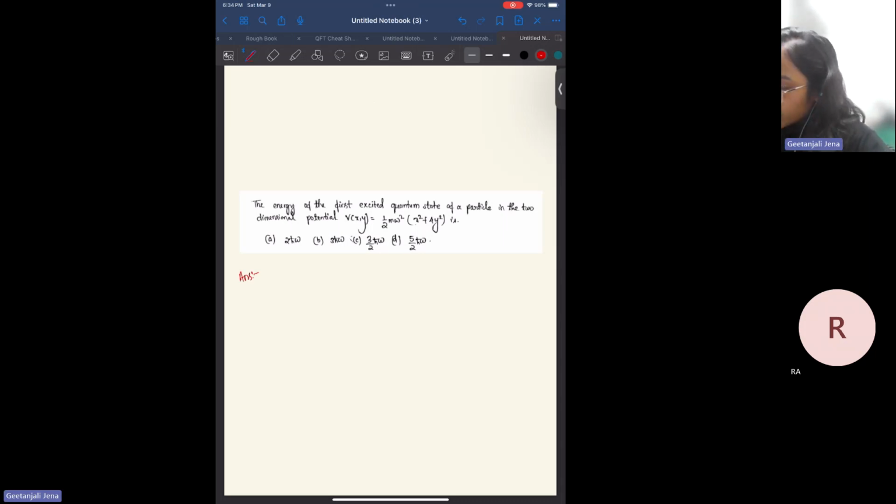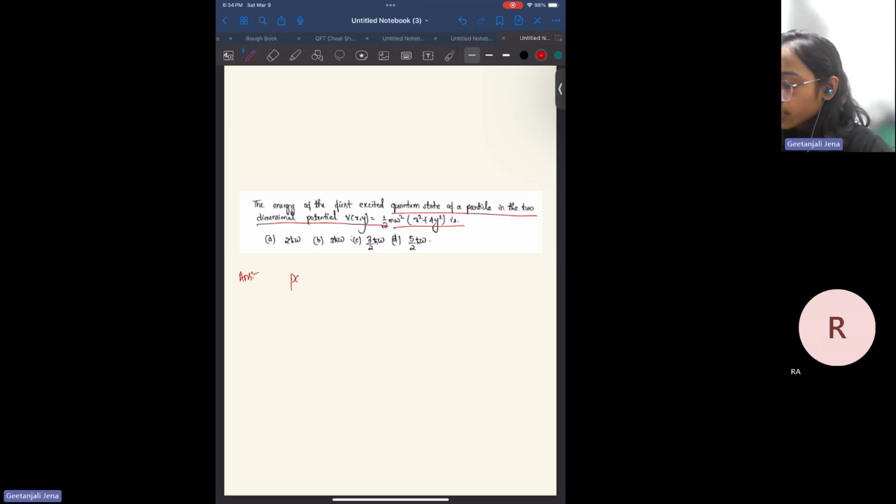Okay, so let's see our second problem. The second problem is the energy of the first excited quantum state of a particle in the two-dimensional potential which is given. So it is a multi-dimensional problem; for this problem it is two-dimensional.